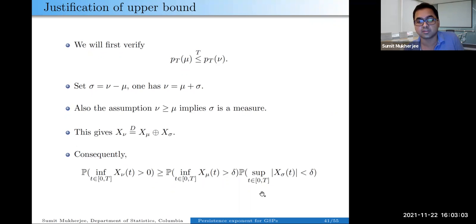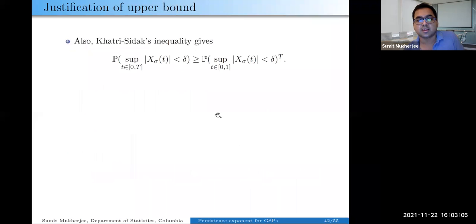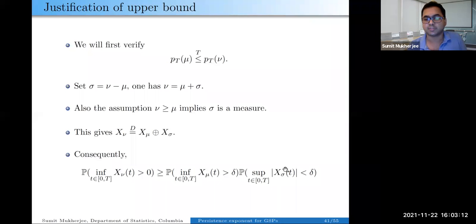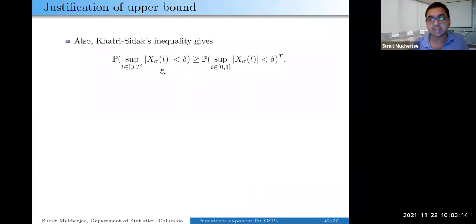So let's just do that. For the second term, with sigma, I can get a lower bound by just going to the interval 0, 1 and making it equal to t. Again, I'm treating t as an integer, but that's fine.